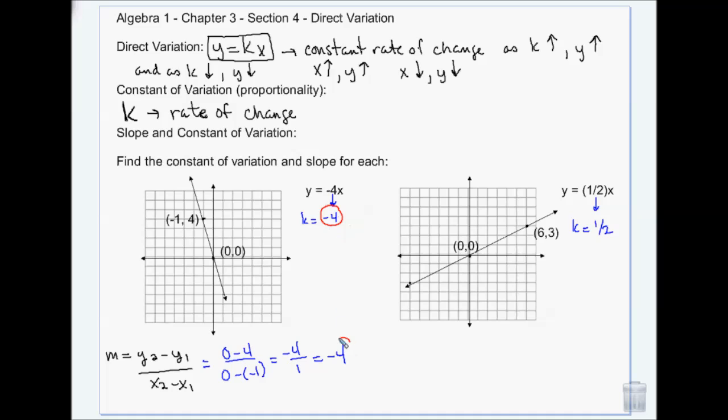Notice anything? Your slope and your constant of variation are going to be the same thing.